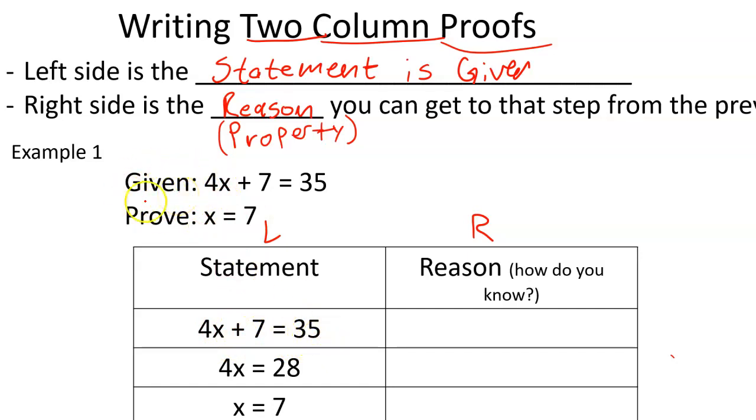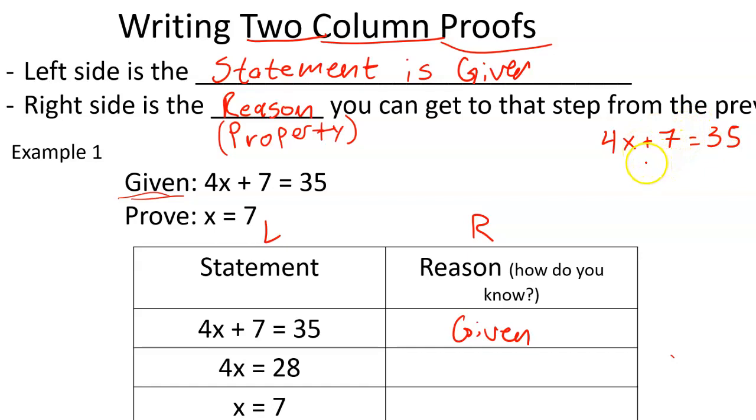Now the first thing you want to do is look at what is given, because if it's a statement right here, your reason is just given. And the majority of the time, the first one, two, maybe even three statement reasons are going to be given, because you see it up here, right? Now I'm going to solve it right over here. 4x plus 7 is equal to 35.